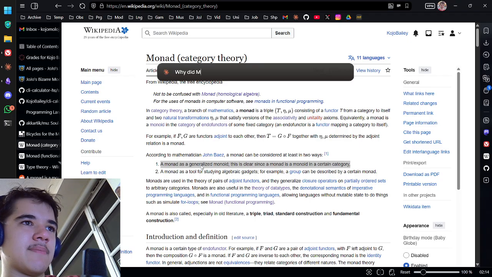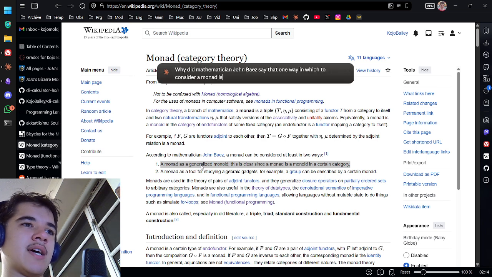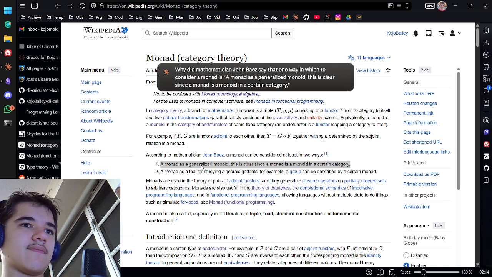Why did mathematician John Baez say that one way in which to consider a monad is as a generalized monoid?